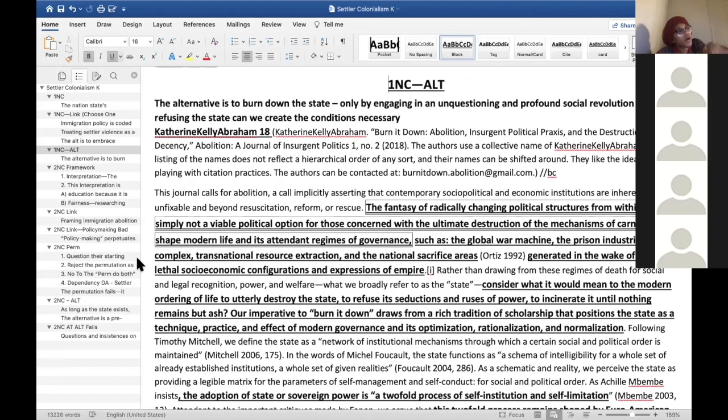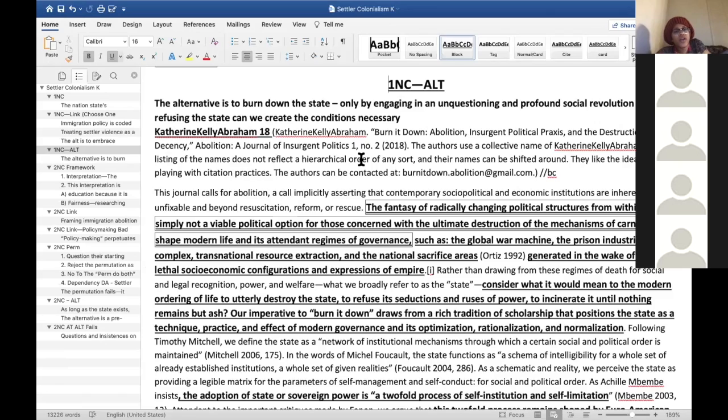The explanation about root cause and all that business is great stuff. What gets people behind in the debate when they're reading a critique is not having a very strong debate on the alternative level. Why? Because it will be susceptible to a permutation. The affirmative will make a permutation against your alternative, and you need to have an explanation of why the alternative cannot happen at the same time or in connection to the affirmative.